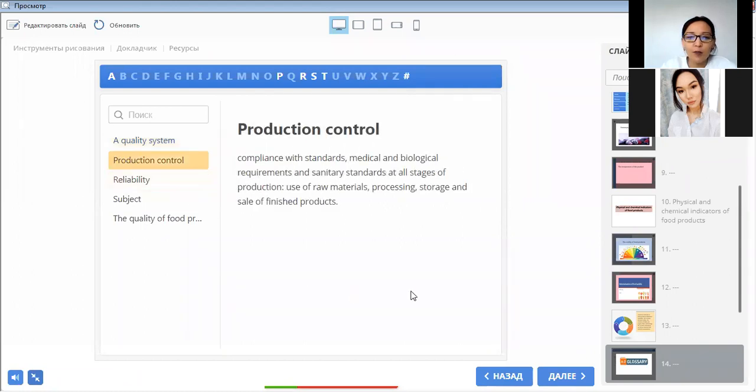And the next term is production control. Compliance with standards, medical and biological requirements, and sanitary standards at all stages of production, which use raw materials, processing, storage, and sale of finished products.